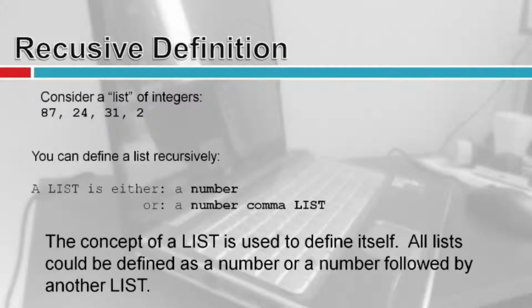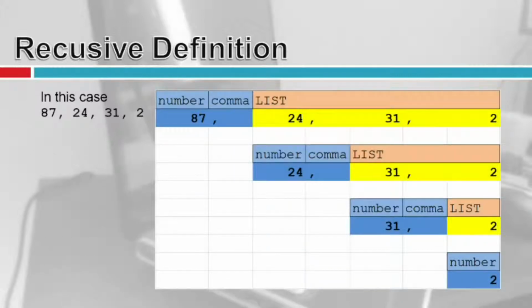So let's take this example and take our definition. Remember, number or a number, comma, a list. Well, the first definition is it is a number, 87, comma, another list. And let's take a look at the definition of that list. Well, that list is a number, 24, comma, another list, which is this part.